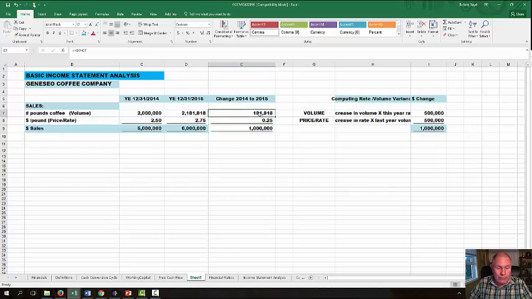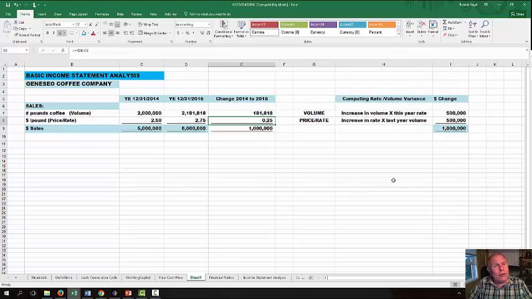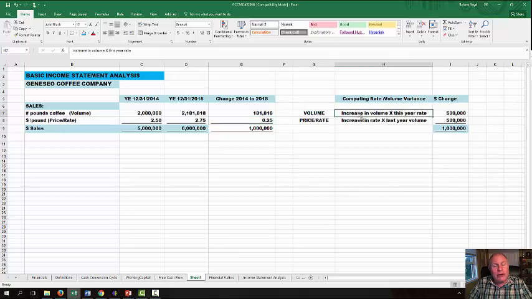Okay, so there's a volume in this. So now how do we compute and look at that to understand it better? We do what we call a classical rate volume. So basically, we compute the increase in volume, times this year's rate.